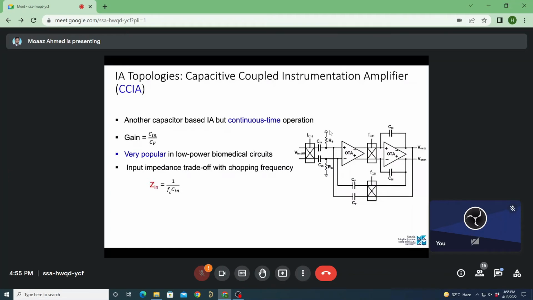That's why the signal is not blocked by the capacitors. If the DC sees the capacitor, it's right away blocked and nothing could be done. But because of the chopper, the signals have been modulated to high frequencies. That modulated signal is then integrated over the feedback capacitor C_F. And then there is a demodulator, another chopper, we call it the demodulator.